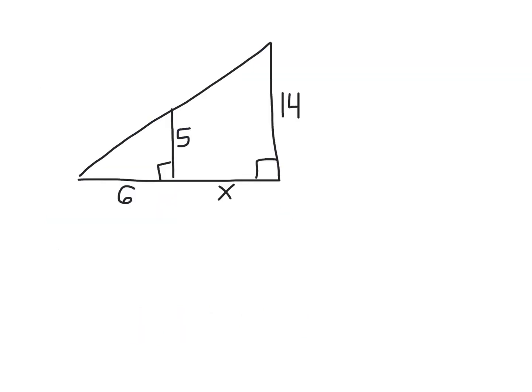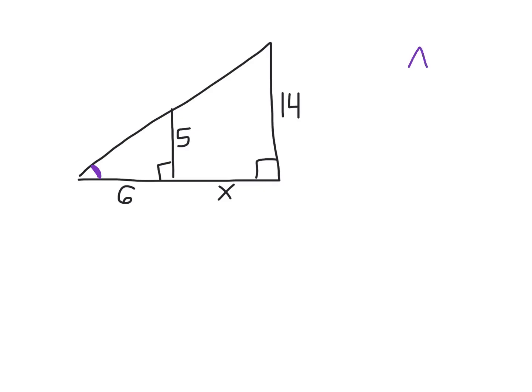So on this slide, what we're doing is we're looking at, again, two similar triangles. And the way that I know they're similar is because I know that they're both right triangles and they have this angle down here in common.